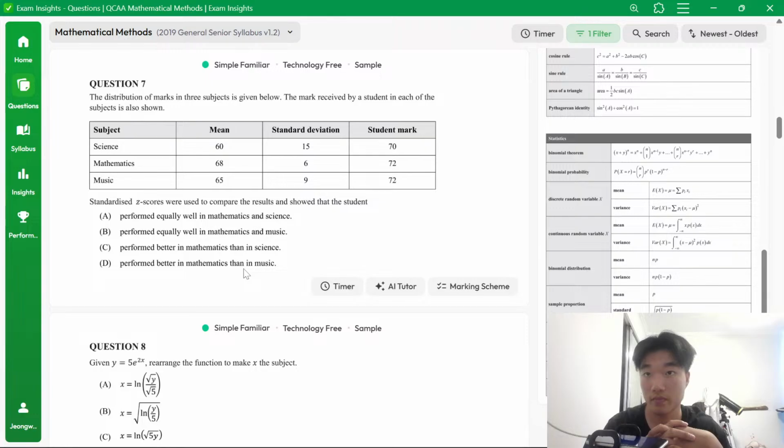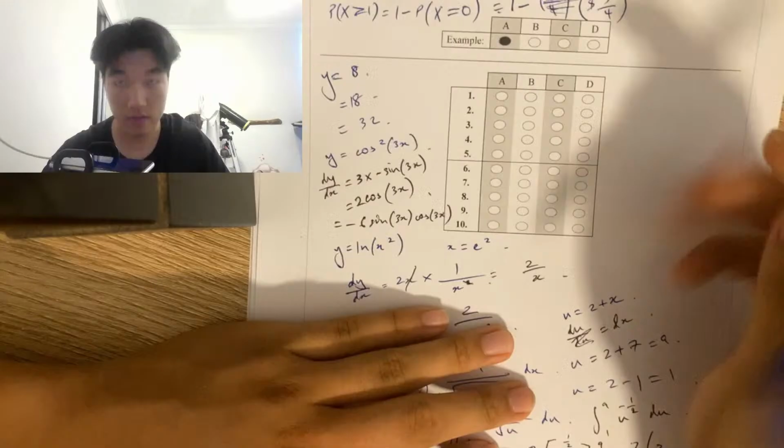Okay, let's think about it. The z-score, the thirds away from 2, right? Which is kind of how you calculate it. It's kind of like the calculation.